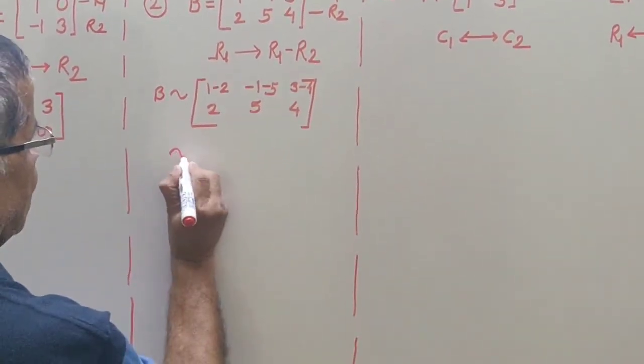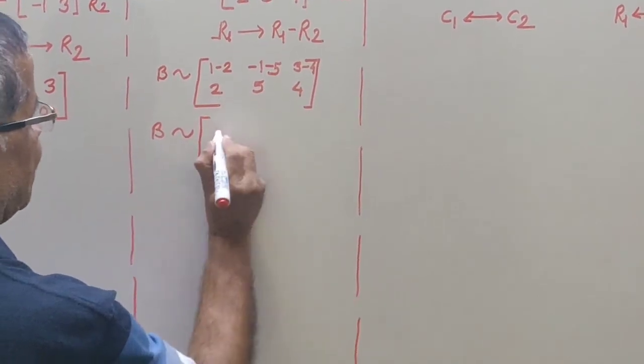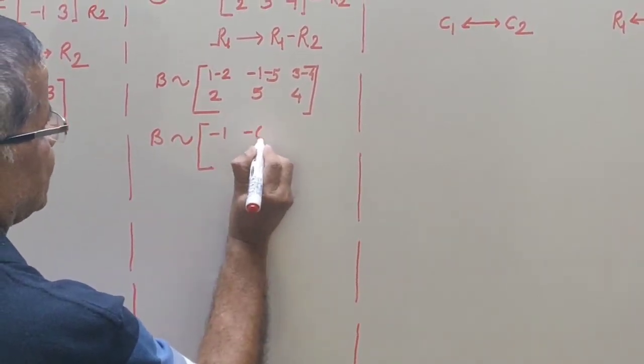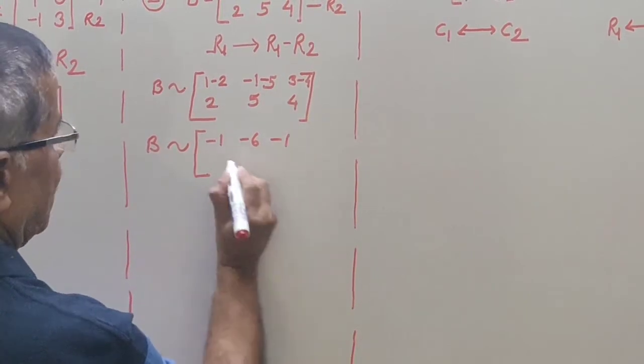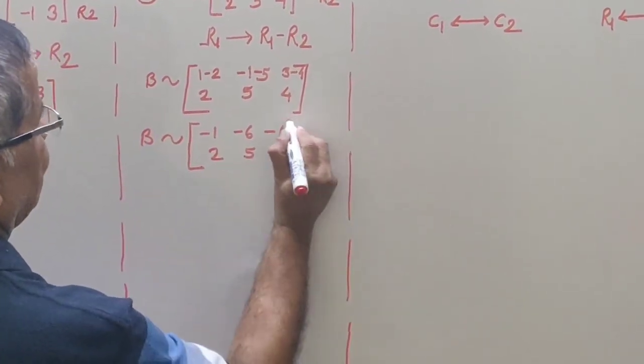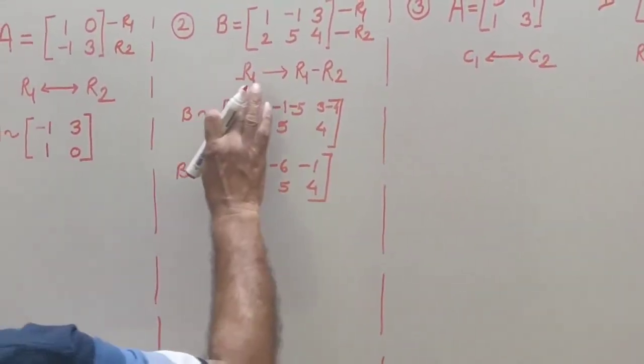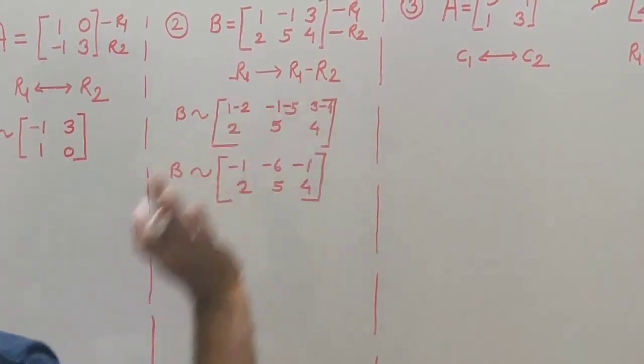Now B equivalence will come to be minus 1, minus 6, minus 1, and 2, 5 and 4. This is the required answer. Okay. When the operation is given only R1, then R2 will remain the same, R1 will get changed.